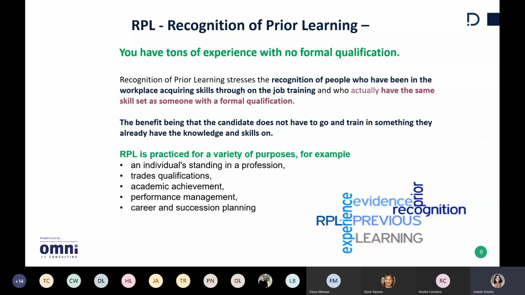And as I just read from the excerpt in the SACWA policy, RPL essentially is there to bridge this gap of people being disadvantaged in terms of progression due to not having a qualification. So that is what recognition of prior learning is.